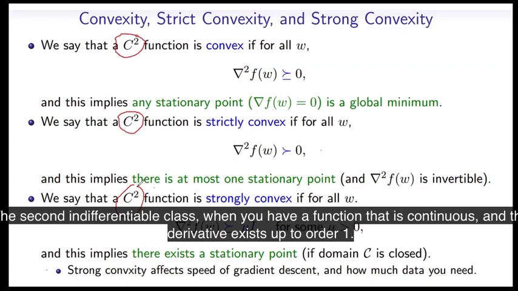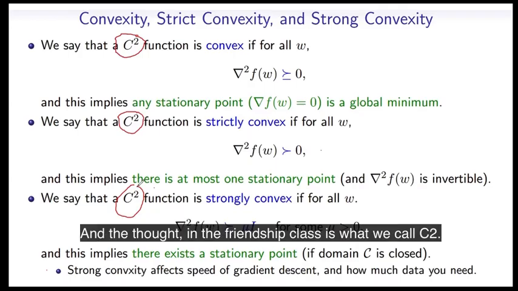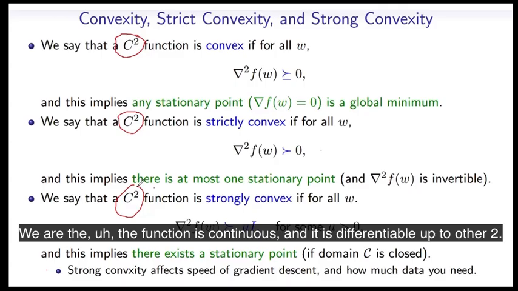The second in the differentiable class is when you have a function that is continuous and the derivative exists up to order one, and the third in the differentiable class is what we call C2, where the function is continuous and it is differentiable up to order two.